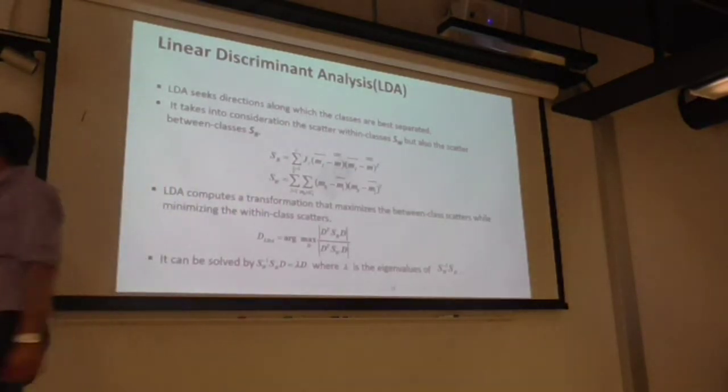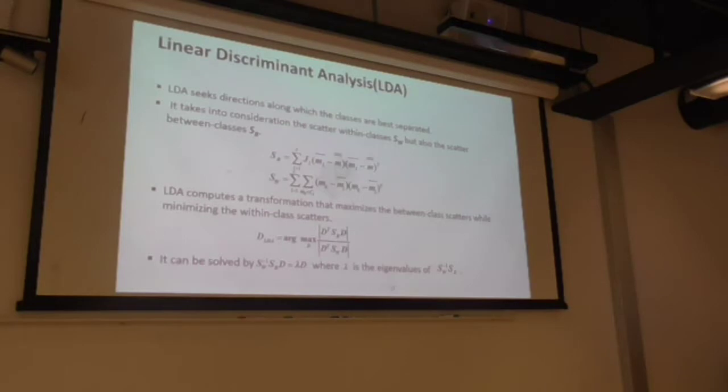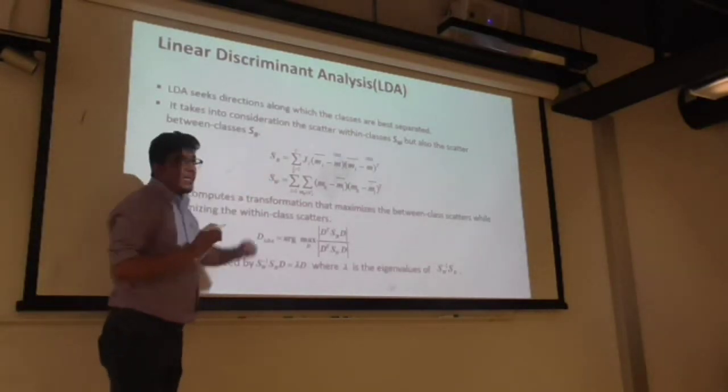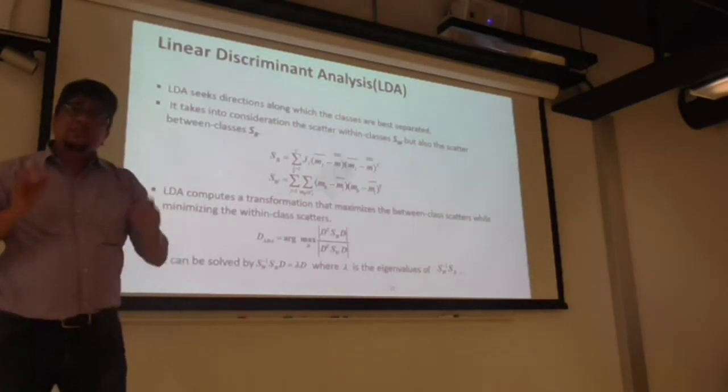So the target is to minimize this matrix, the scatter within. Okay, for example, you can see here that we have two different groups. So SW is basically trying to minimize the scatter between the samples of each class. Okay, and SB means the scatter between the classes.